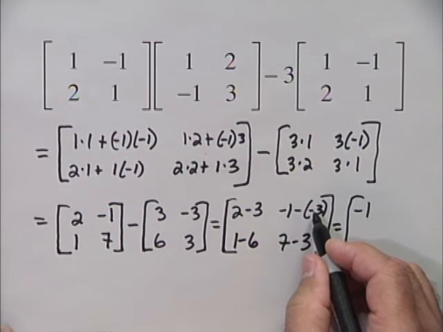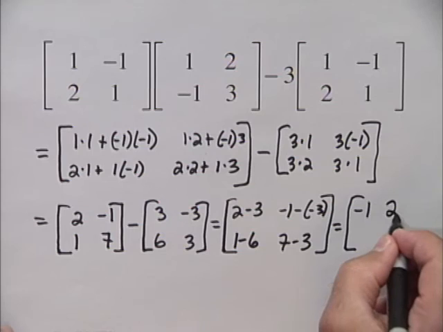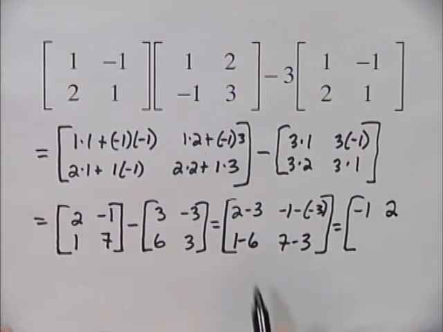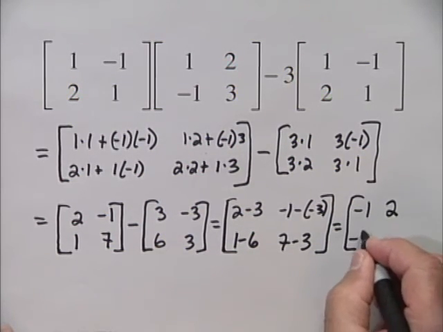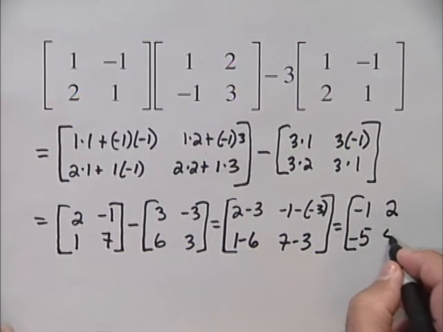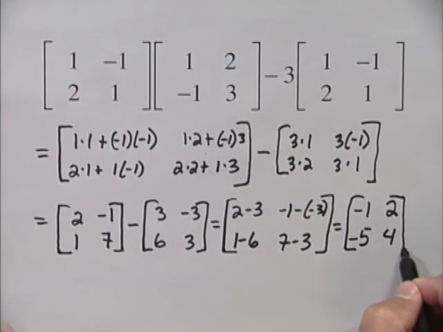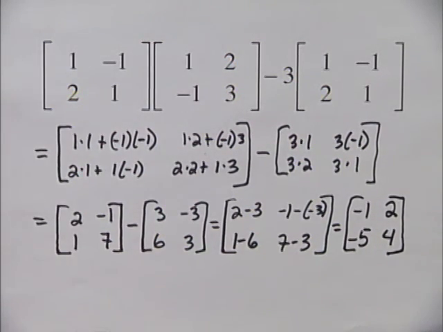Negative 1 minus a negative 3 is the same as negative 1 plus 3, so that's 2. 1 minus 6, negative 5. 7 minus 3 is 4. And so our result is a 2 by 2 matrix, negative 1, 2, negative 5, 4.